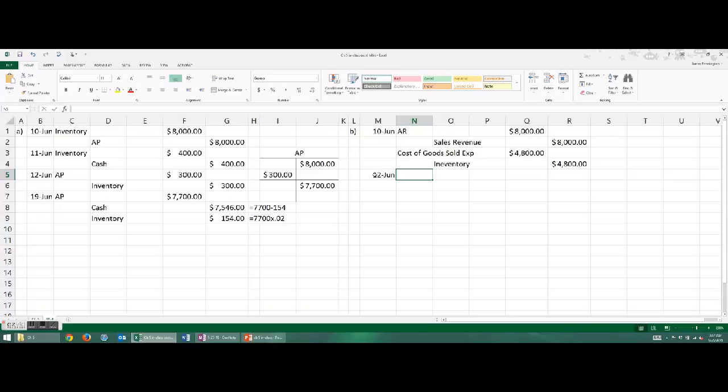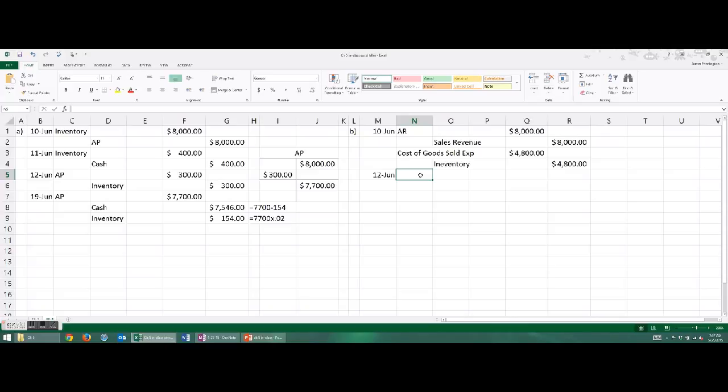Just like we have two entries to report a sale in a perpetual inventory system, we're going to have two entries to report the return. One thing to remember is we don't want to debit sales revenue.